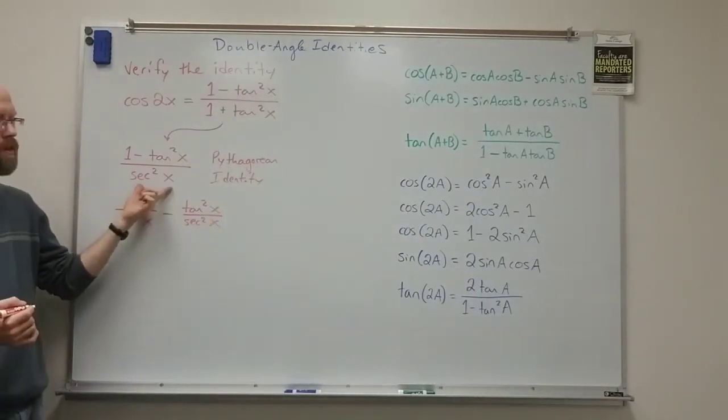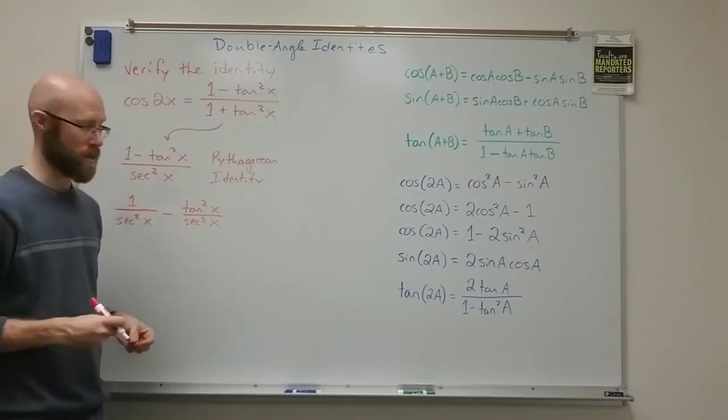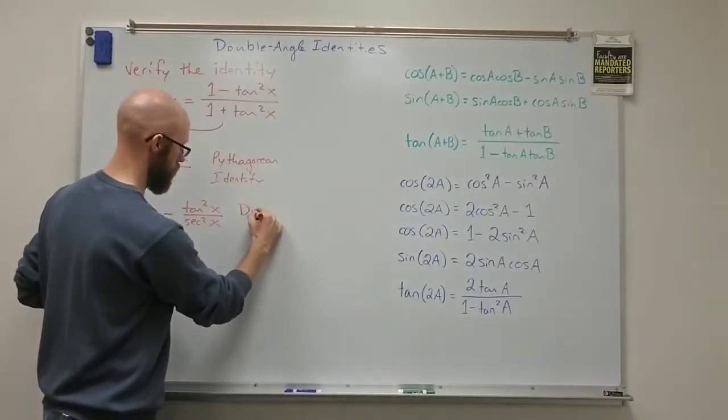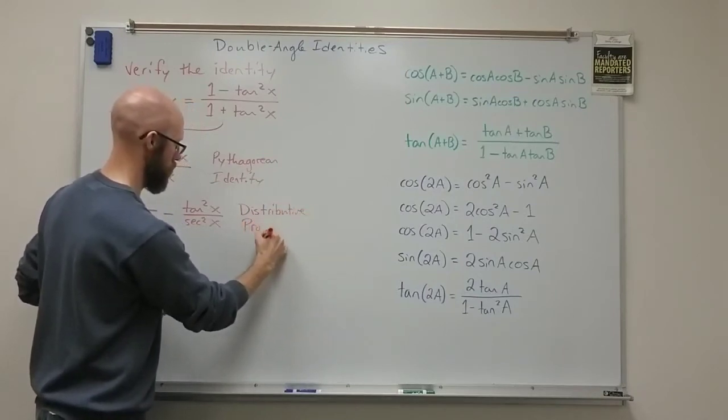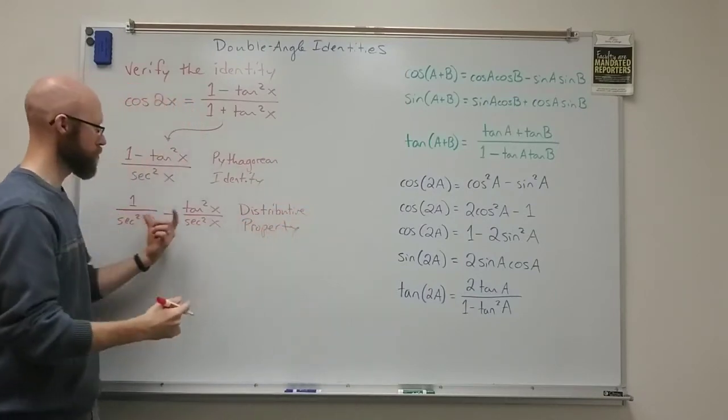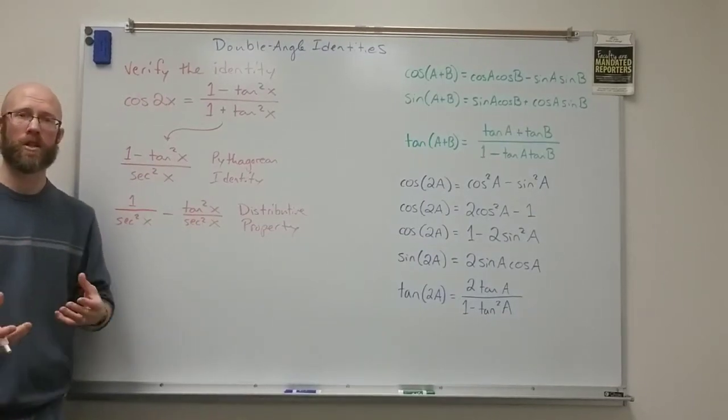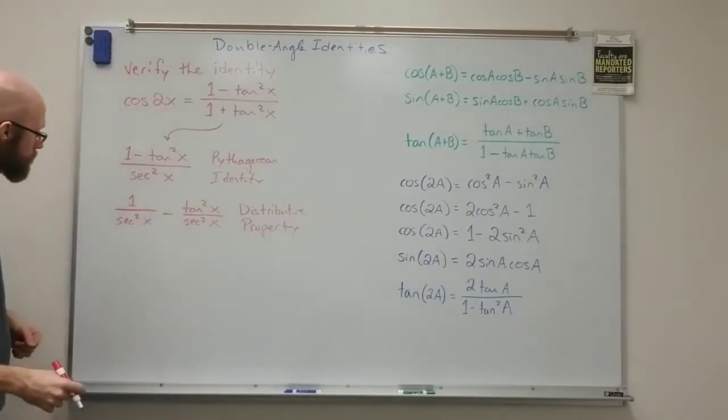All right, so I've just split that up. This is a distributive property, essentially. It's distributing that denominator, that division, to both terms on top.